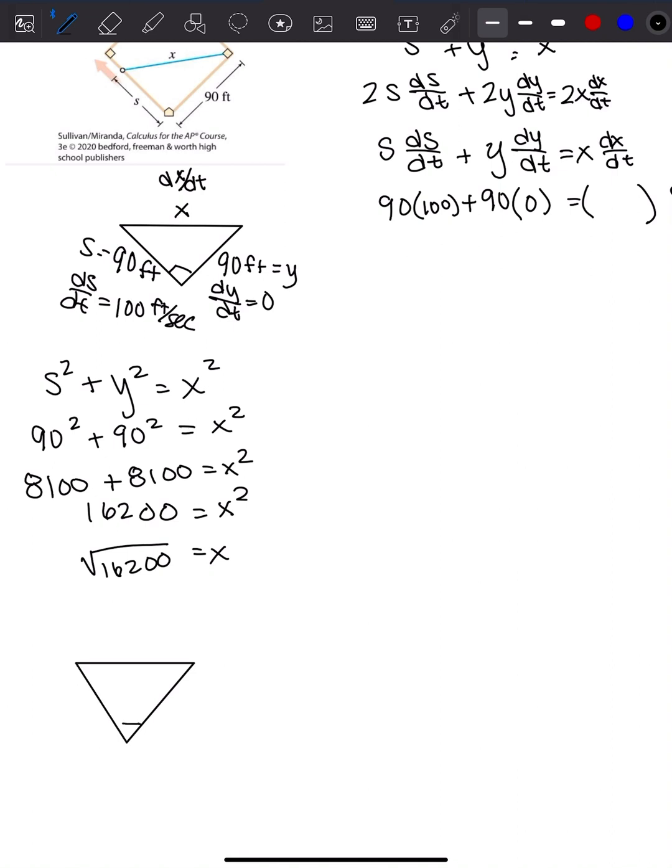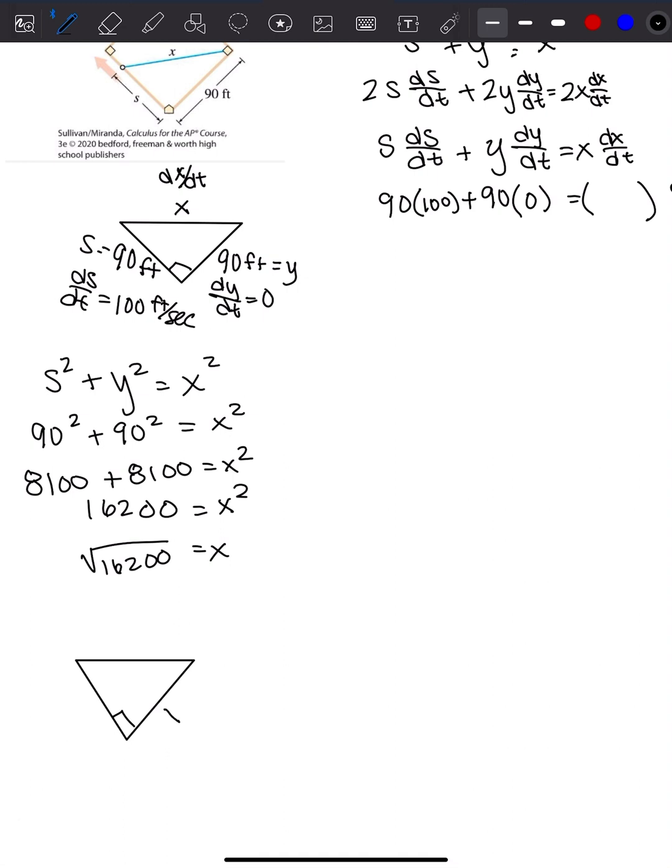If we have a 45, 45, 90 triangle, this side is going to equal this side. Our third side is equal to whatever our side length is times the square root of 2.